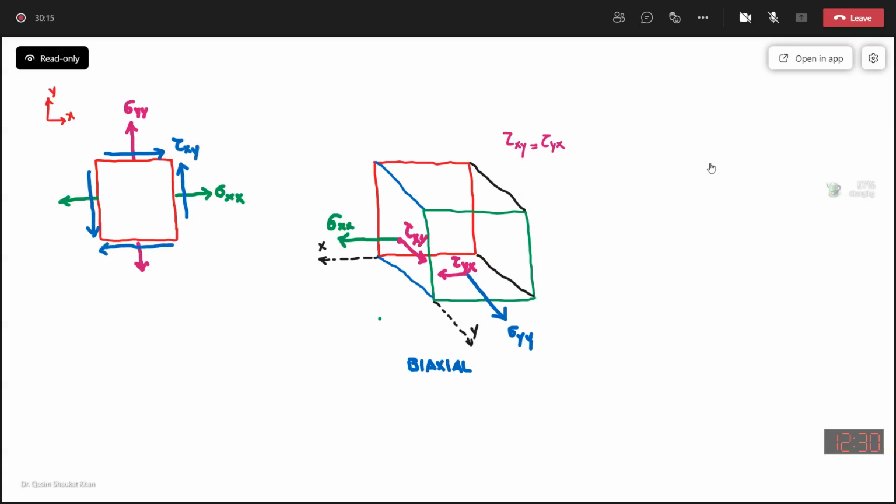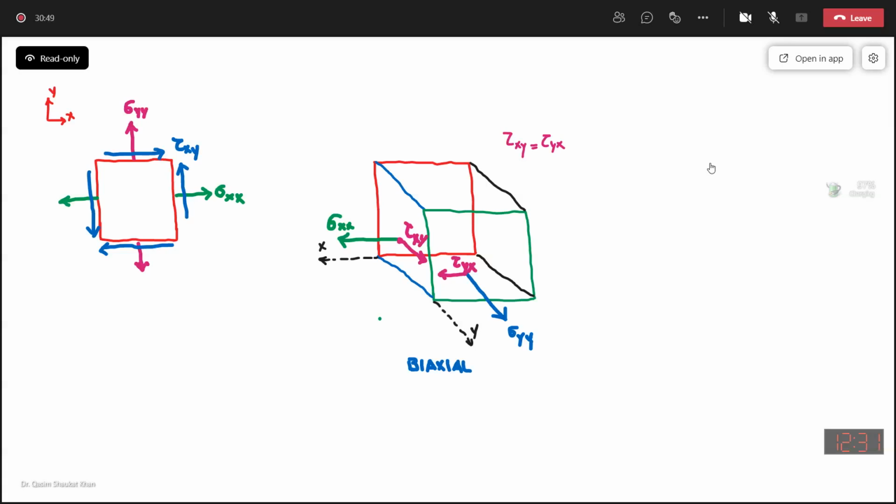Clear? So in our biaxial stress state, we have two normal stresses, sigma xx and sigma yy, and one shear stress tau xy. All the normal and shear stresses represented on this figure show the positive sign convention. This normal stress sigma xx will result in elongation of the element, and sigma yy will also result in elongation of the element.